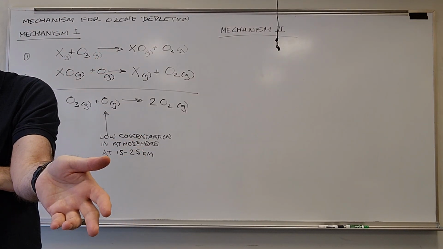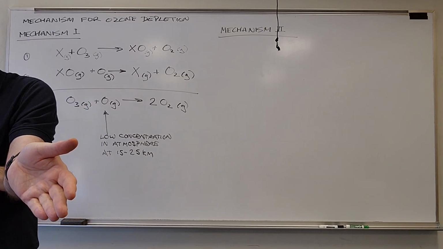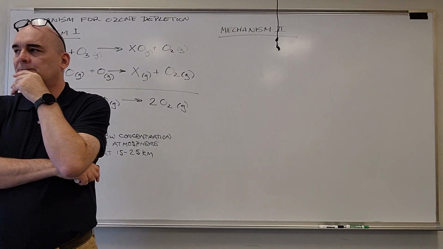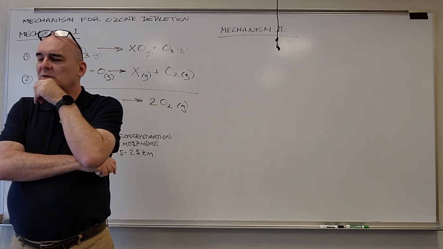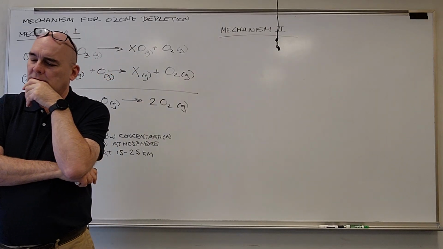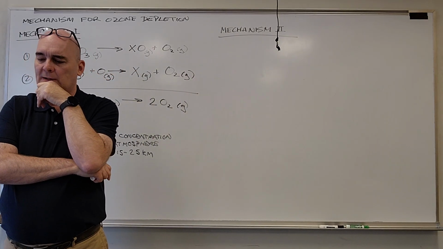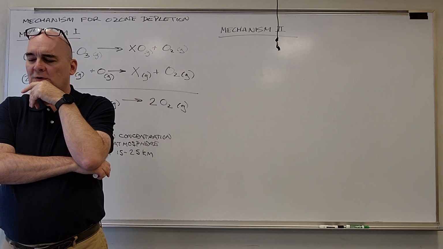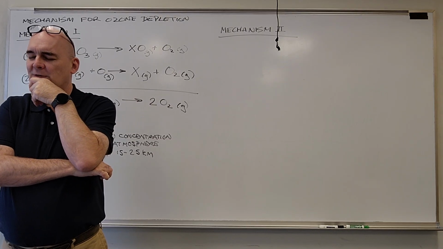They were fairly large numbers. That turns out to not be a lot in terms of moles. In the chemistry world, when we're talking about concentration, we talk about moles per liter, right? Our book said molecules per cubic centimeter.